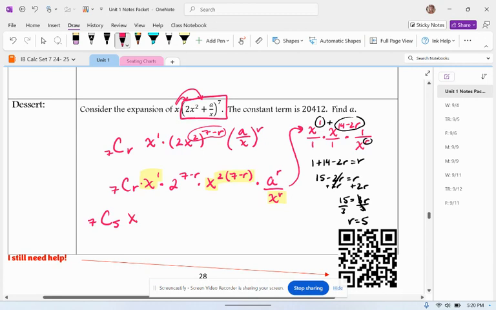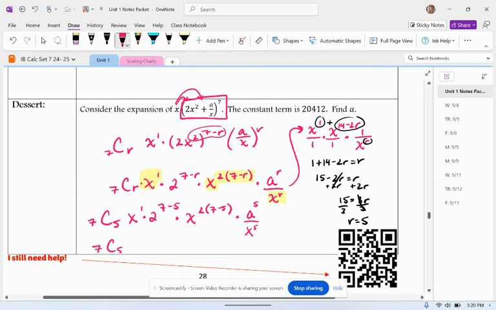Now I've got x to the first times 2 to the 7 minus r, which is 5, times x to the 2 times 7 minus 5, times a to the r. Oh, sorry, I know what r is. R is 5: a to the 5th over x to the 5th. So we're going to distribute.